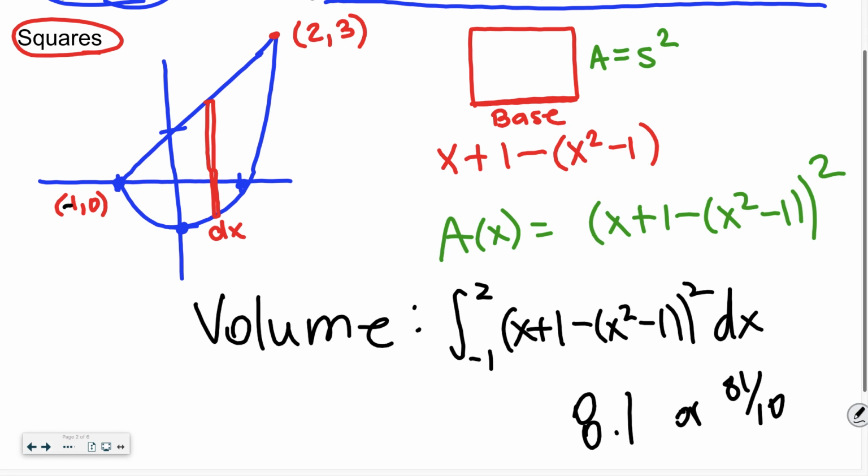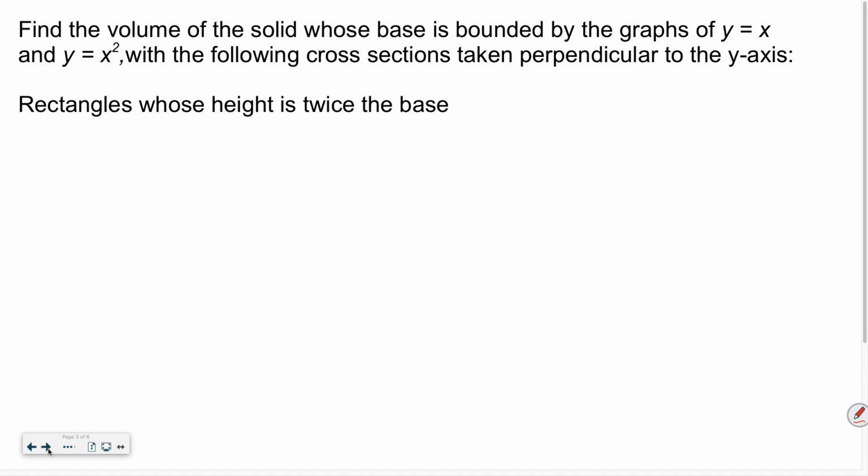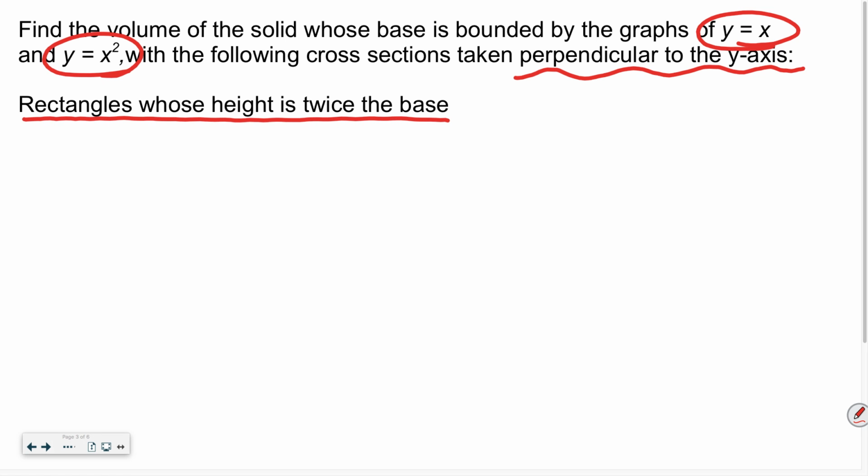Okay. So now we're going to try another example. As long as you don't have a question, you can stop me before I go to the next one. Now we're going to do one where we're perpendicular to the y-axis. So what I think that you should write down is y equals x squared. We're going to be perpendicular to the y-axis, and we have rectangles whose height is twice the base.